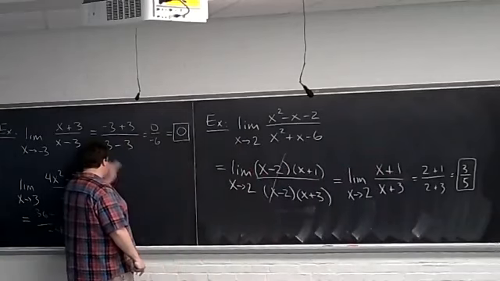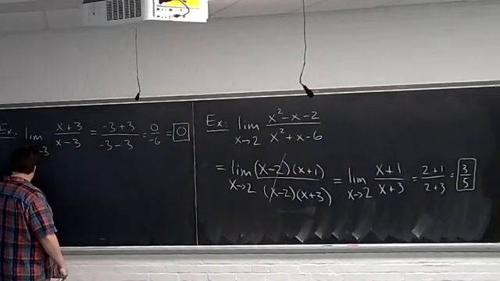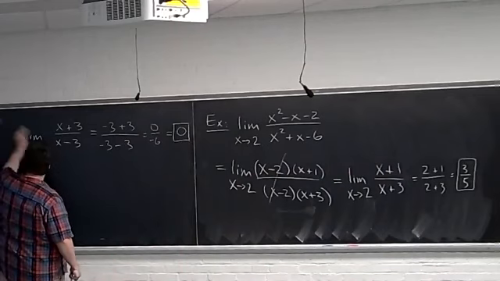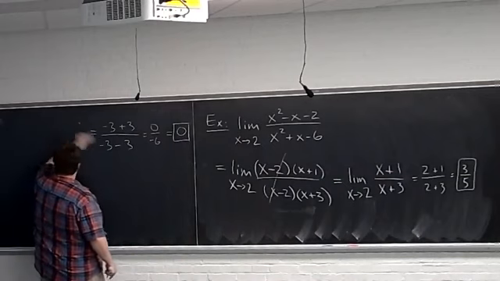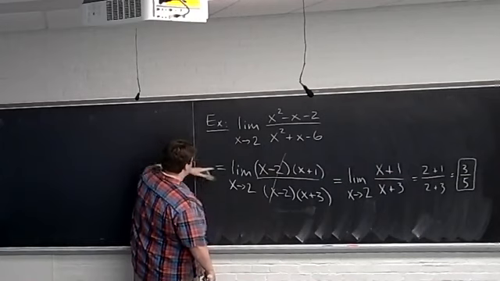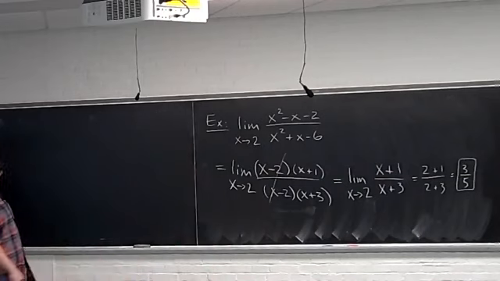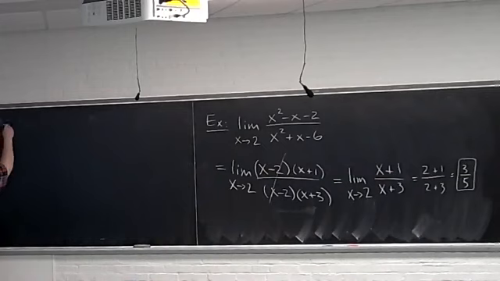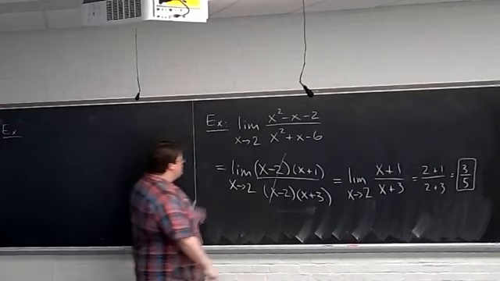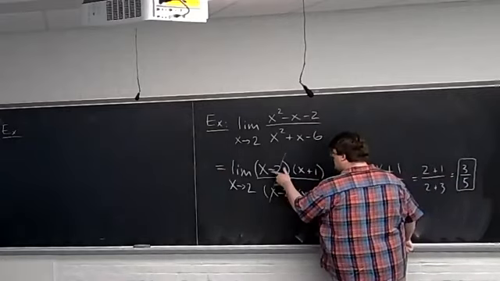Now, is that consistent with something I had said earlier? When writing that statement of the theorem, I said 0 over 0 is not a number. But here it looks like we're saying 0 over 0 equals 1. Well, I will tell you, 0 divided by 0 is not 1. So the question would be, why does this canceling actually work?